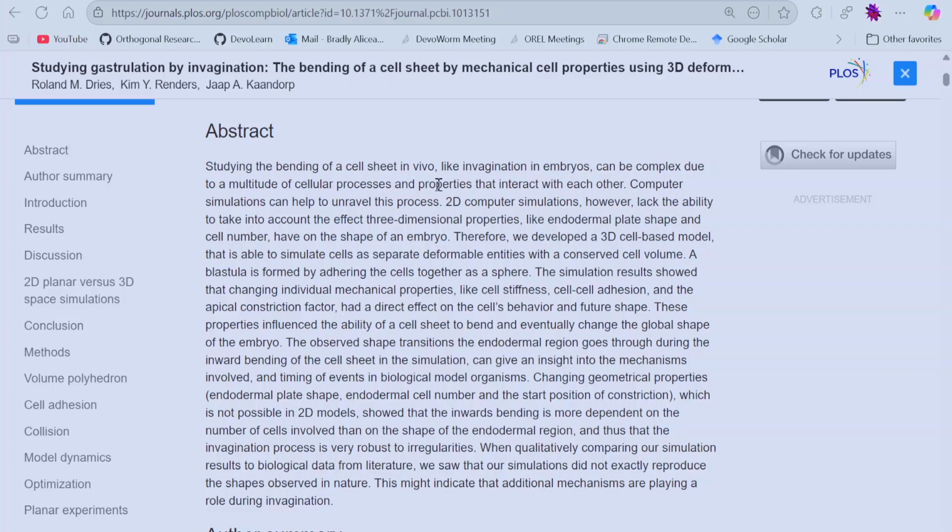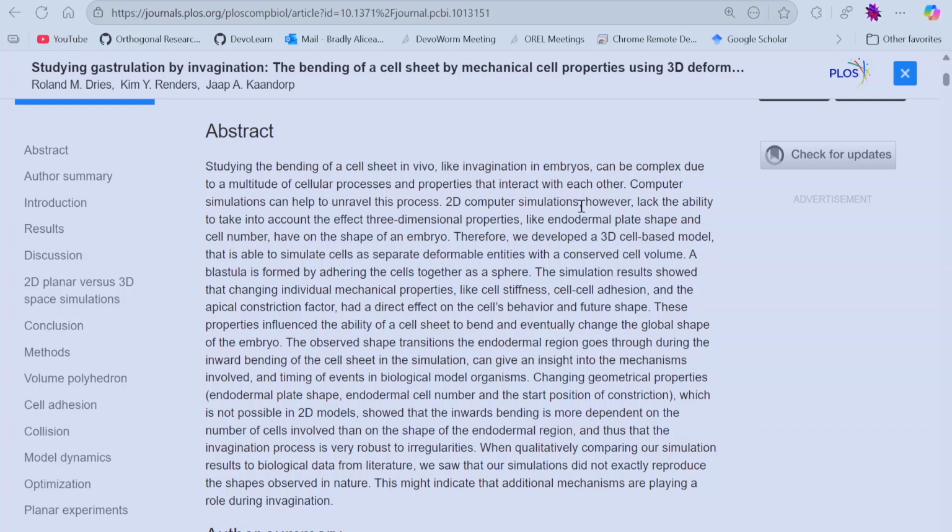And so they basically have to separate out something like invagination in the action of the cells from other cellular processes and properties that interact. And so then we can do computer simulations.